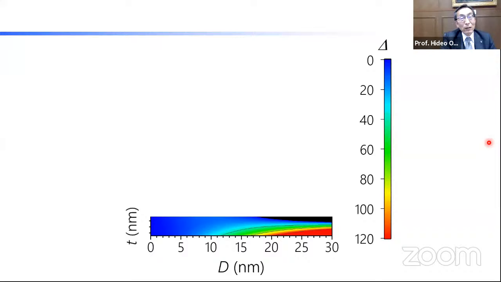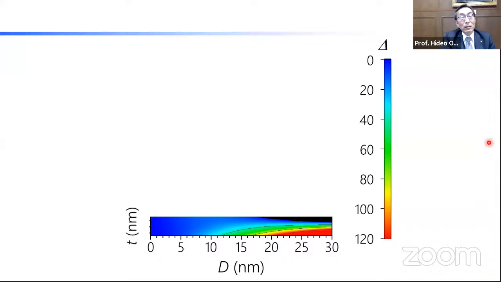And here's the thickness of our cobalt iron boron. Because, as I mentioned earlier, when we make this cobalt iron boron thickness thick, the shape anisotropy wins, which brings your magnetization in the plane, and all the magic is gone.